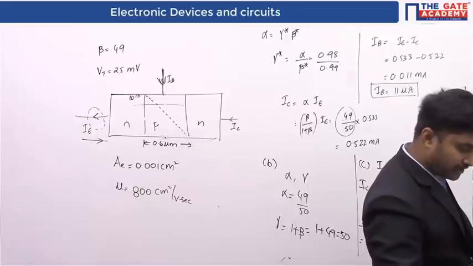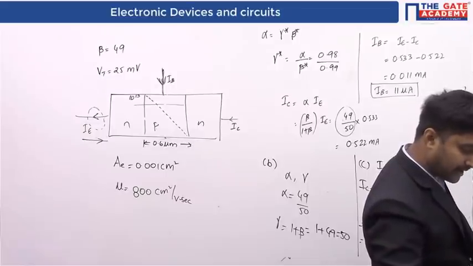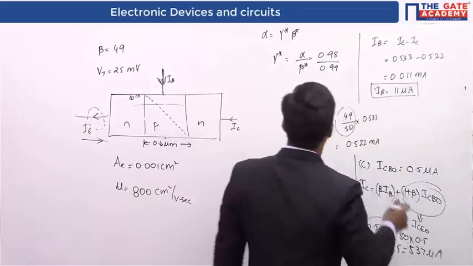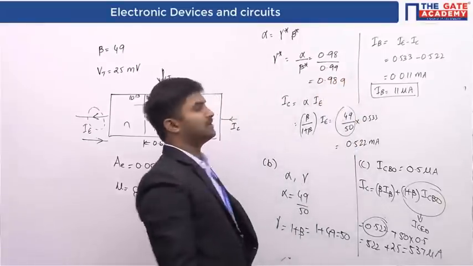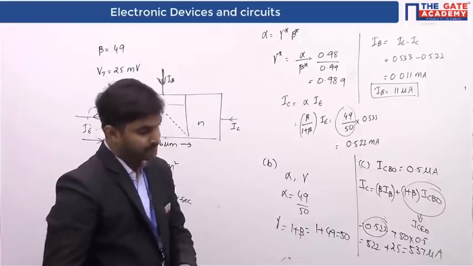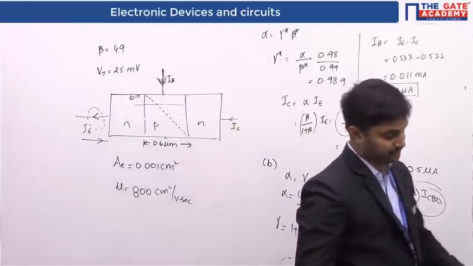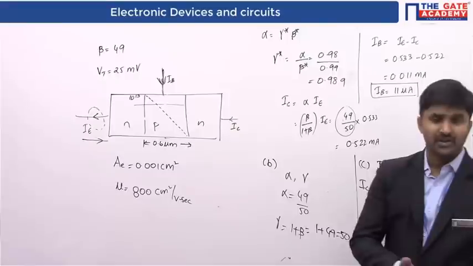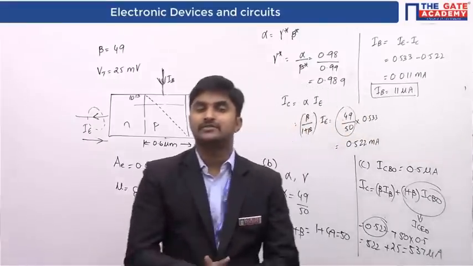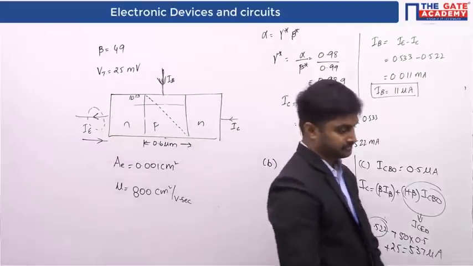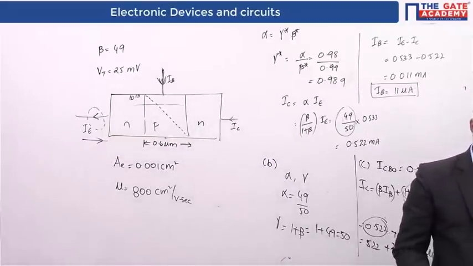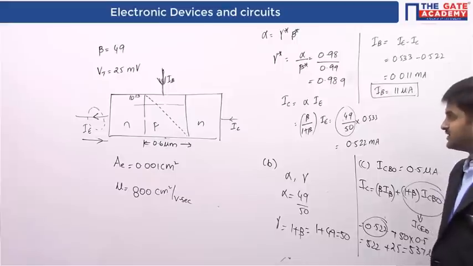So 0.98 divided by 0.99 is going to be 0.989. So this is the value of the emitter injection efficiency. With this we complete all 4 parts of the fifth question. Please ensure that you have written everything.